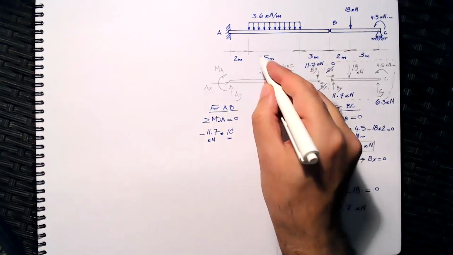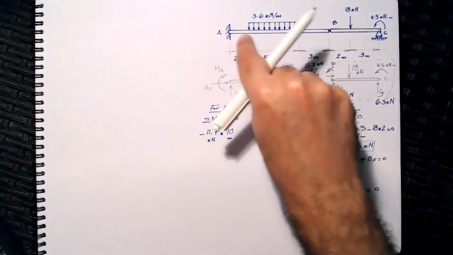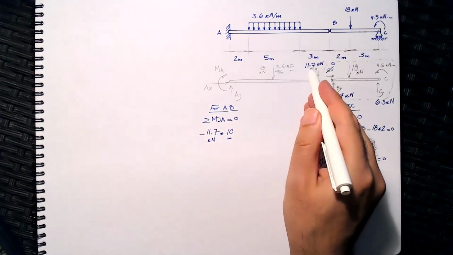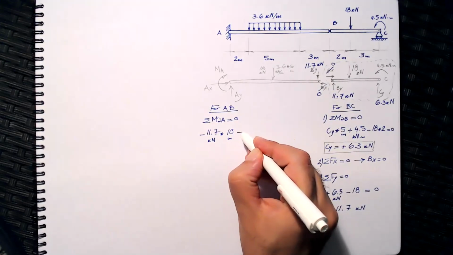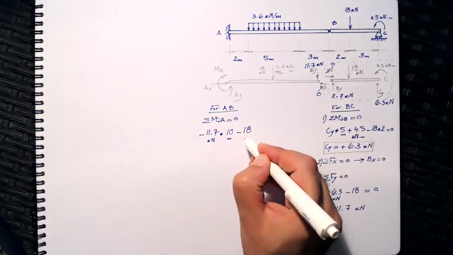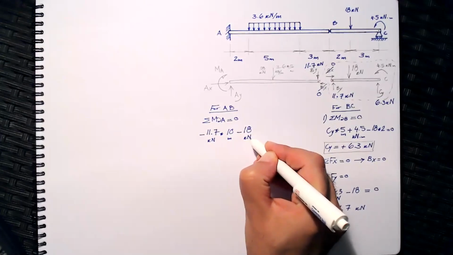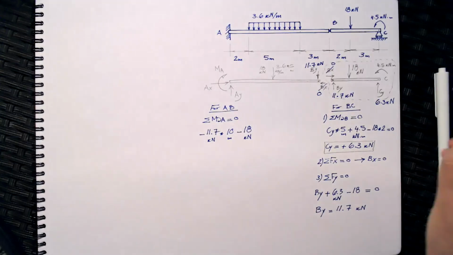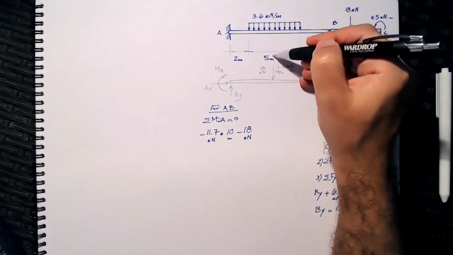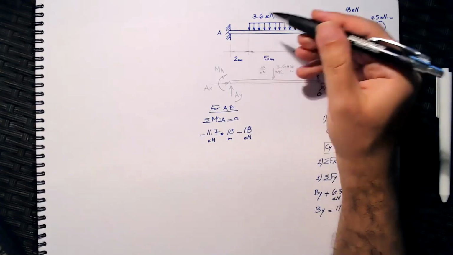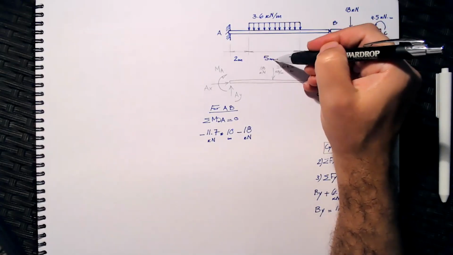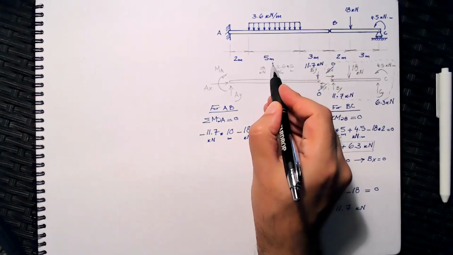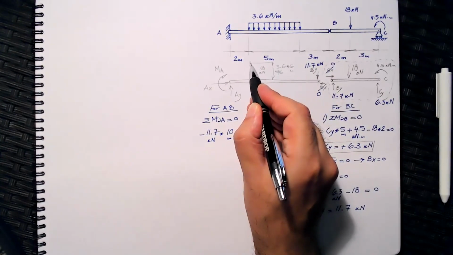So the 18 is moving about A in a clockwise direction, same as the direction of the 11.7. So I'm going to subtract. The force is 18 kilonewton, and the distance is the distance from the point of application of the resultant to point A. So do we know where is the distance between the 18 and the beginning of the point load?